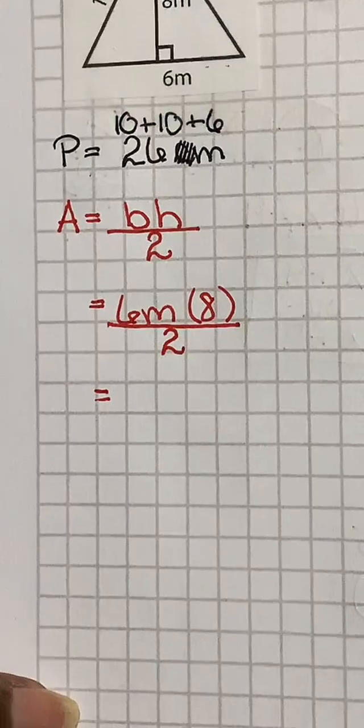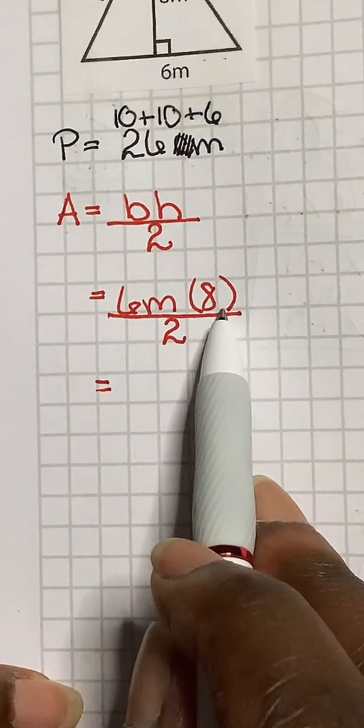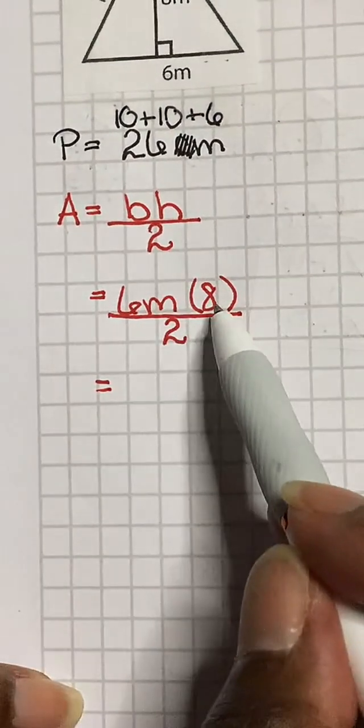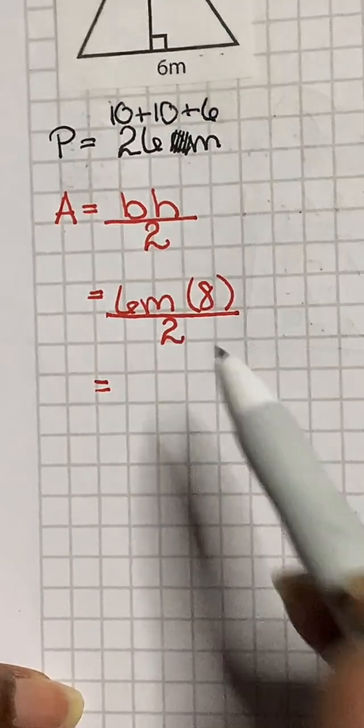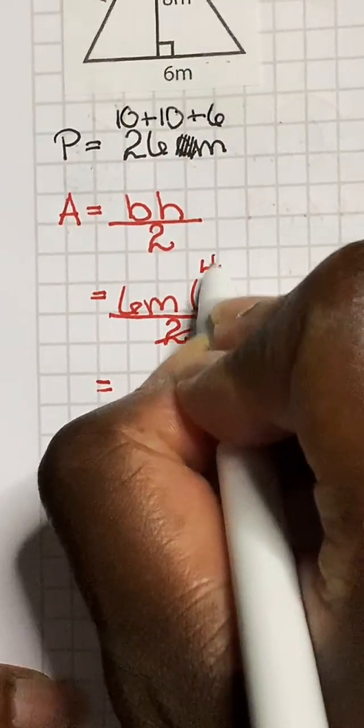Now, you can take this one of two ways. You can either multiply 6 times 8, get 48, and divide by 2. Or you can use the 8 divided by 2, which I kind of like to do, which gives me 4.